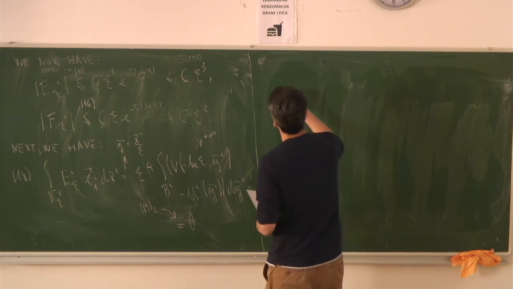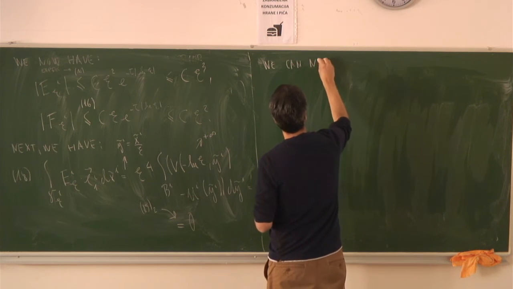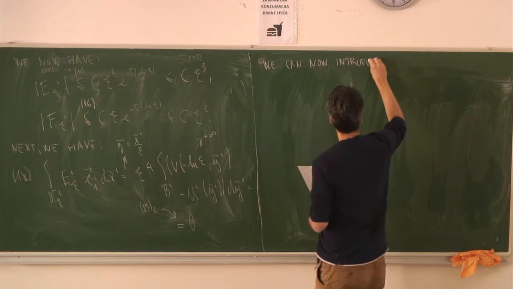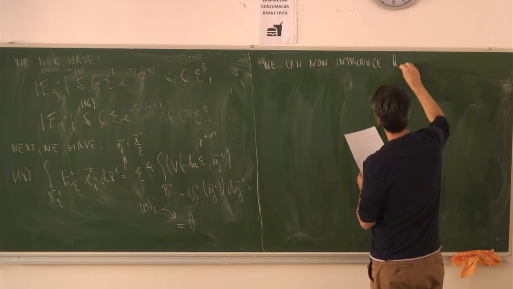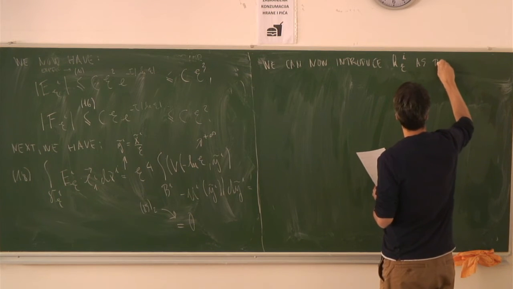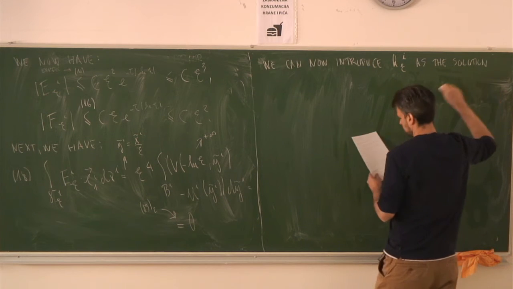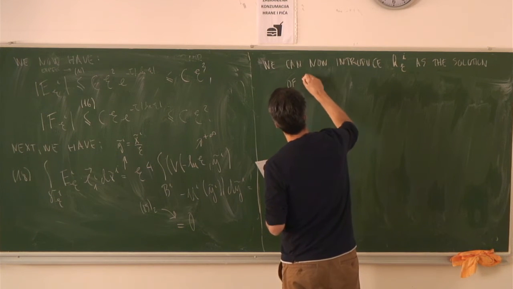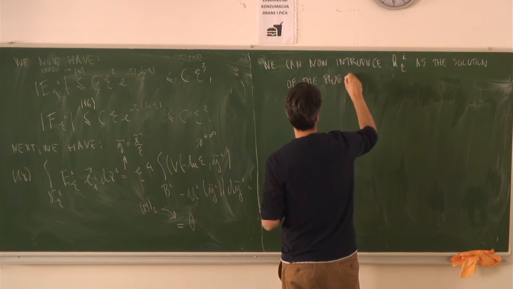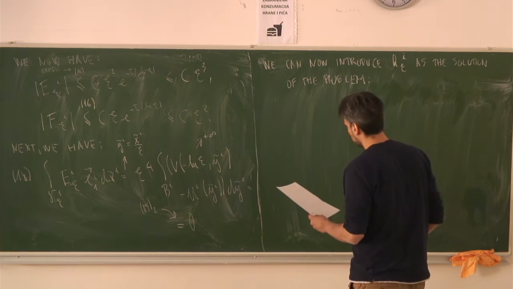And now when you have this, you can introduce h epsilon I as the solution of the problem. As I mentioned, it's the solution of the divergence equations.